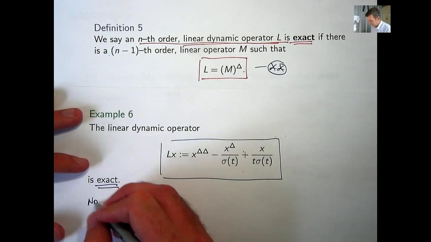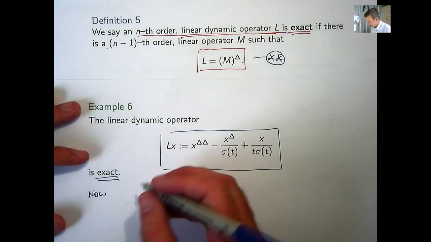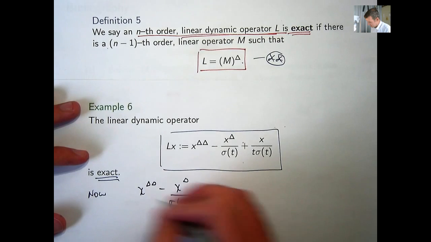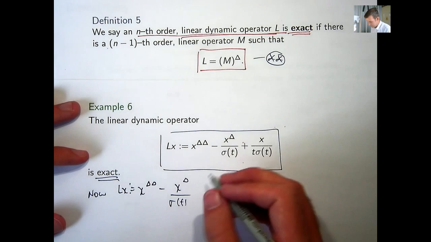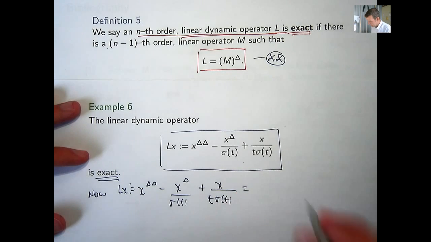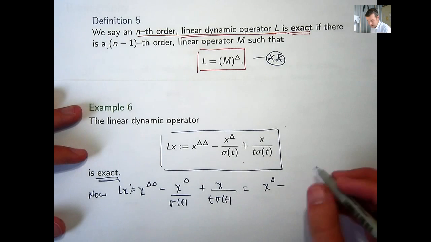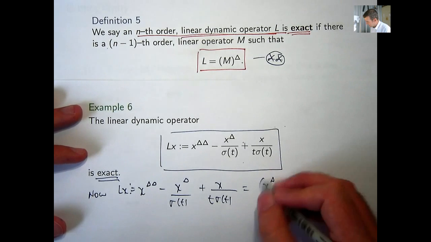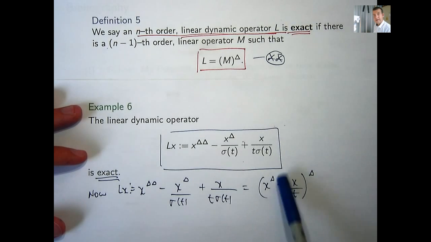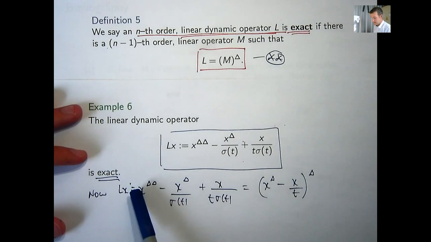Now, so if I look at this here, what I can do is actually, with a little bit of work, rewrite it in the following form. Okay, if you sort of distribute this and use the quotient rule over here, you'll get back to that.